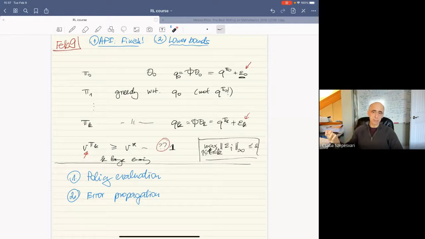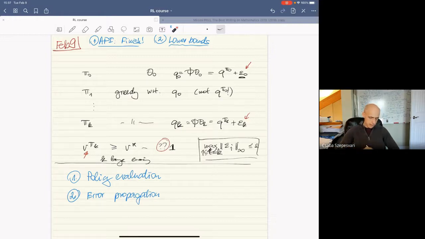You can take the next policy, which is greedy with respect to the previous action value function that you found. In this case, the action value function is not precise, so we can't really greedify with respect to q pi naught, but we can greedify with respect to q naught, and this is what we do to get pi 1.